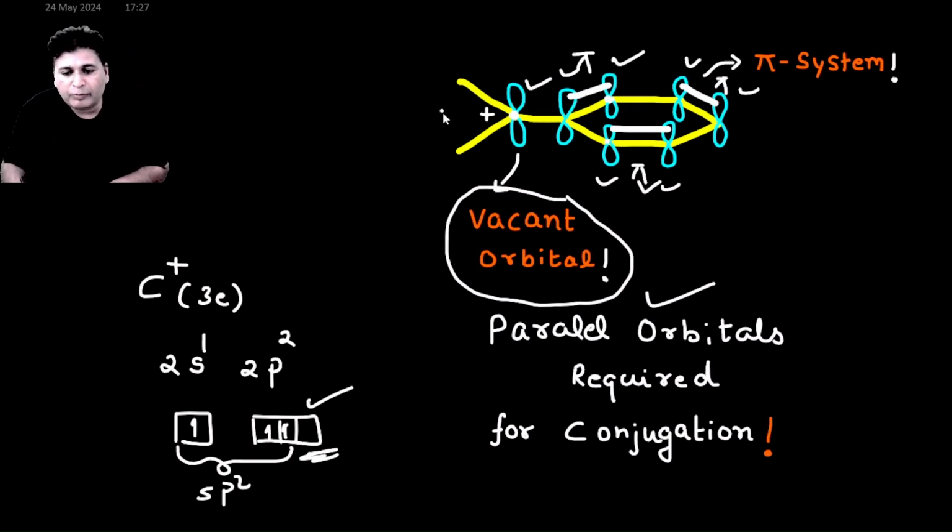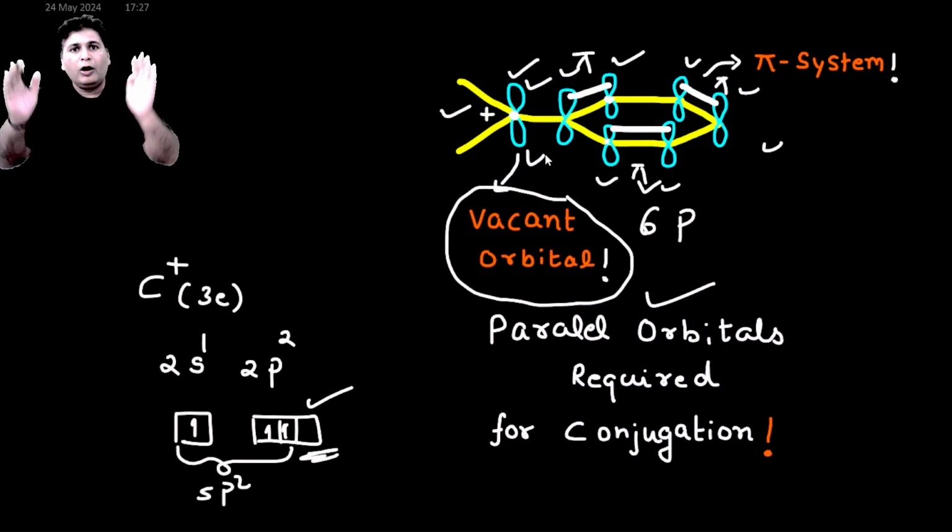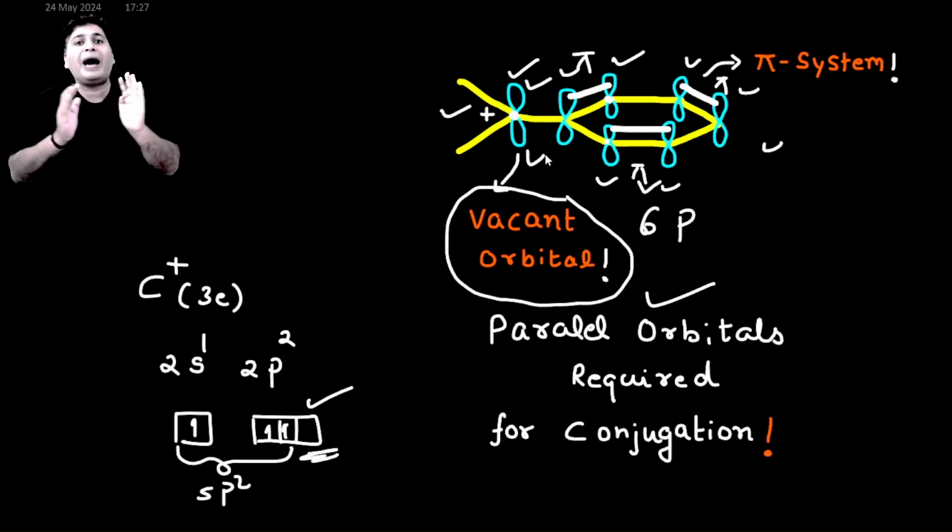Now, if the carbocation remains coplanar with the benzene ring, it makes the vacant p orbital parallel with the pi system and all 6 p orbitals of the benzene ring. All 7 orbitals remain parallel to each other.